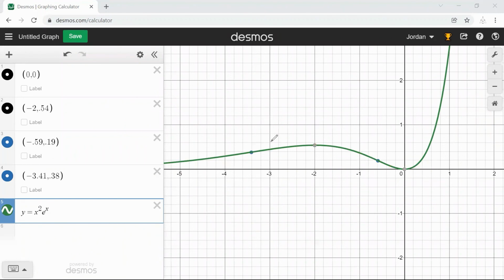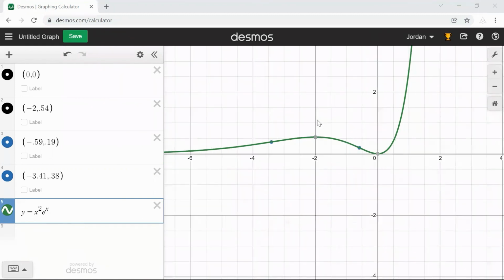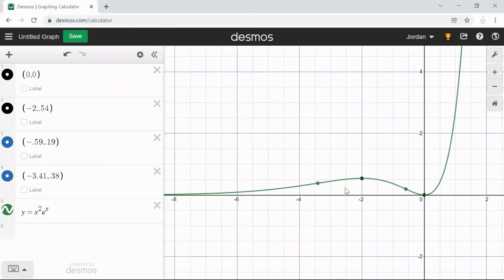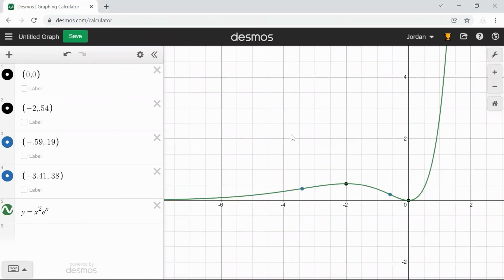I had the general gist right. Again, off to the right, it grew a lot steeper than I had drawn it, but I had this pretty much exactly the same. So there you go. That's a sketch of this curve. That's an interesting graph right there.